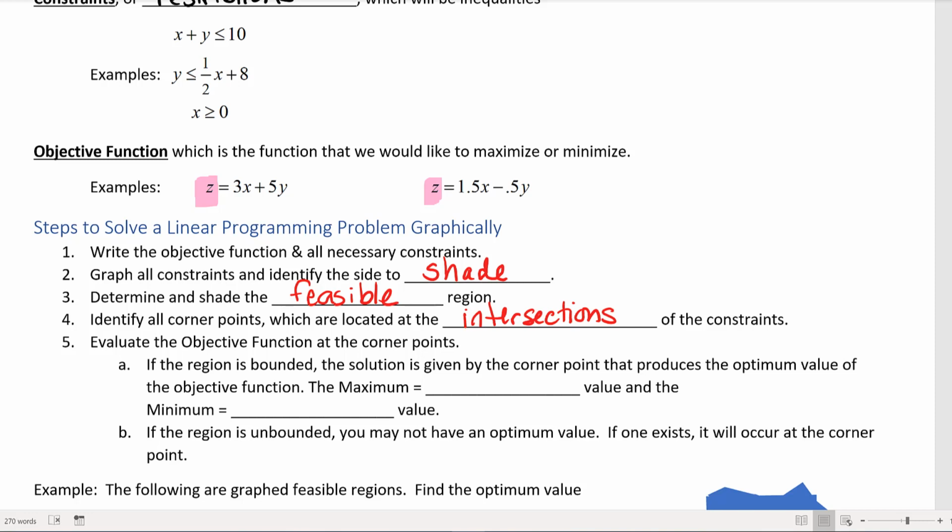For example, the maximum equals the largest value and the minimum would equal the smallest value of the output of the objective function. If the region is unbounded, you may not have an optimum value, but if one exists, then it will occur at the corner points.